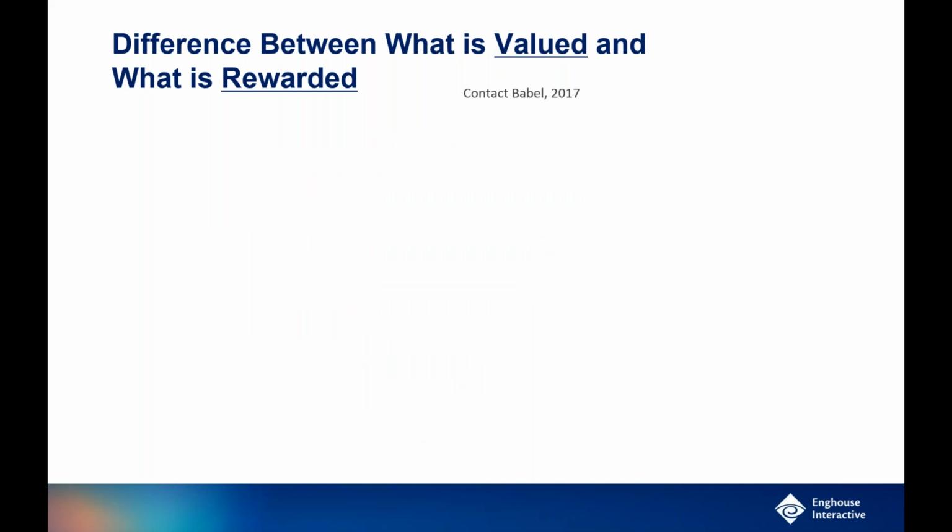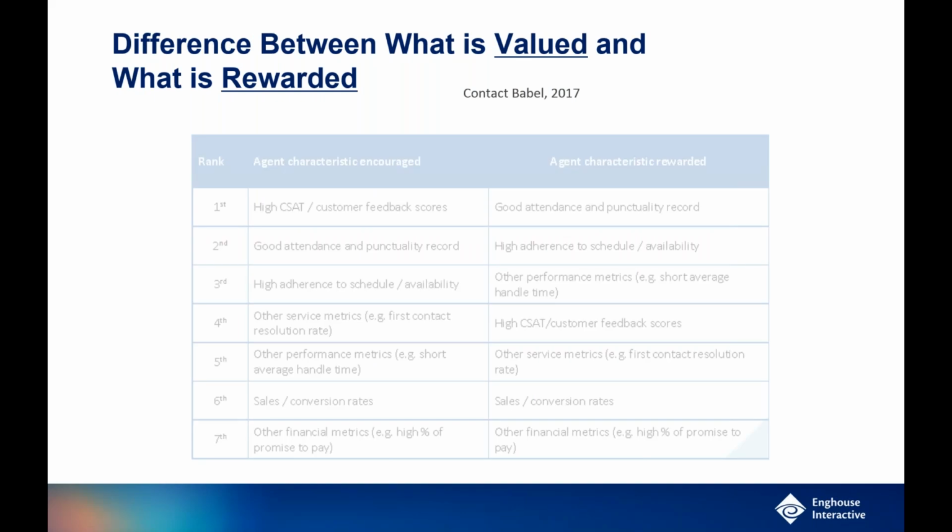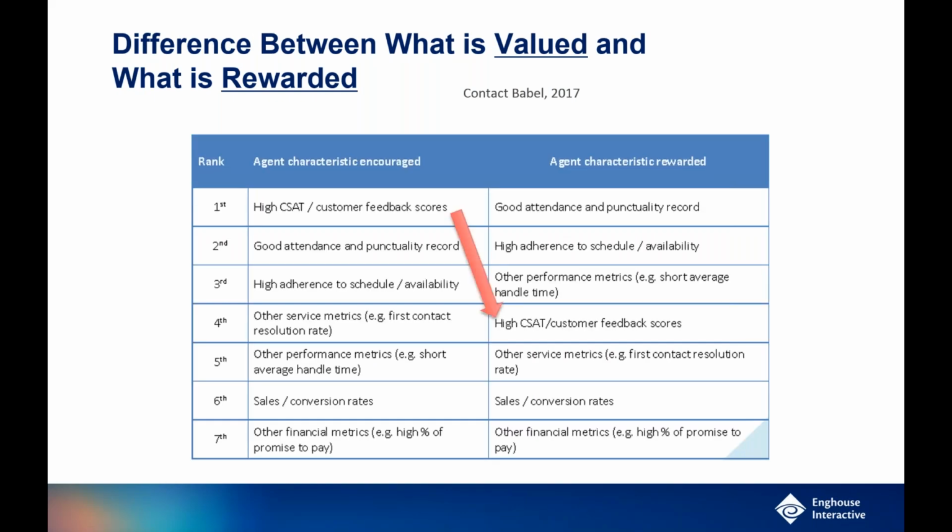Go ahead and click. This, I think, is something that Contact Babel put in place that is a very telling question. They asked what characteristic was most encouraged in agents, and then they asked, how do you reward your agents? And there's a key difference here, specifically in this area of customer feedback and customer satisfaction. When they asked the question of contact center managers, what characteristic do you encourage most of the time?